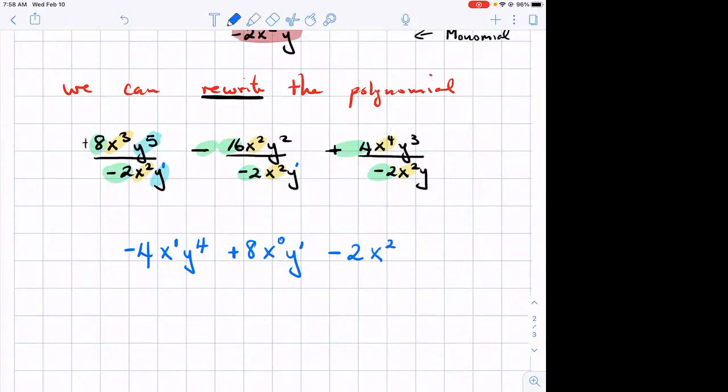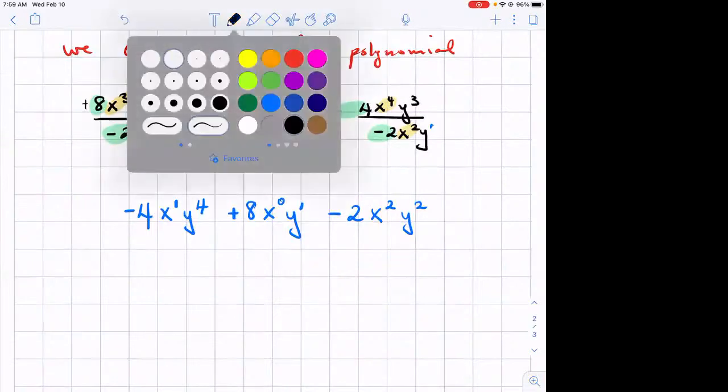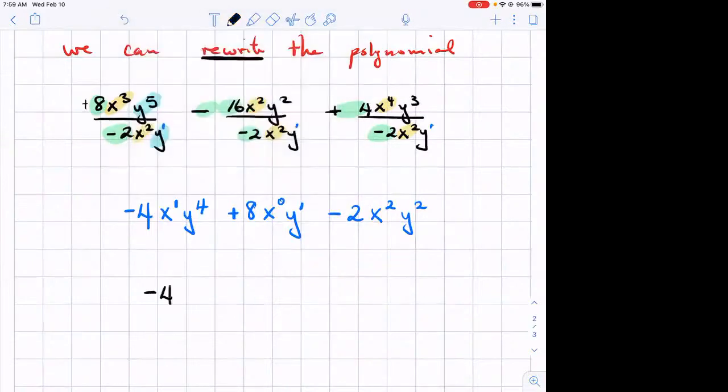And then we have y cubed divided by that invisible y, the 1 there. So that becomes y squared. So rewriting and simplifying, we have negative 4. We don't need to write the 1 there. So that's x y to the 4th plus 8.